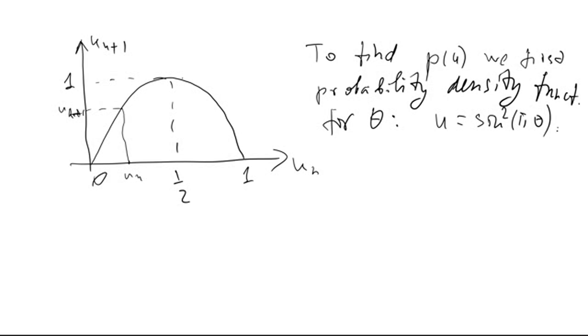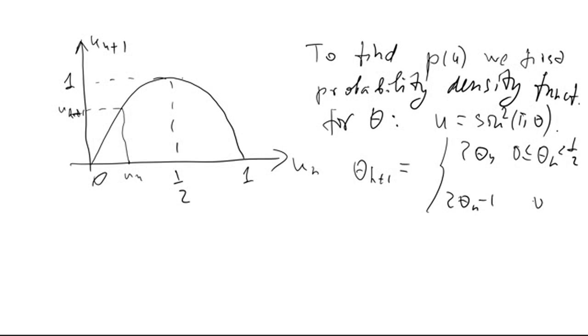So we know that in terms of theta, the logistic map transforms into theta n+1 equals 2 theta n, when theta n is between 0 and half, and 2 theta n minus 1 if theta n is between half and 1.